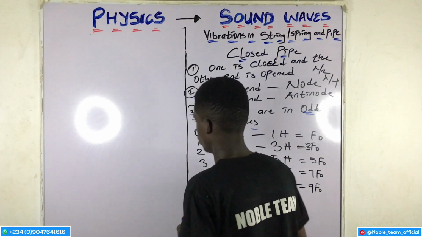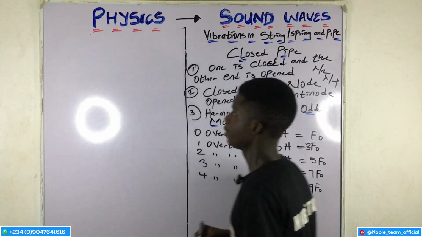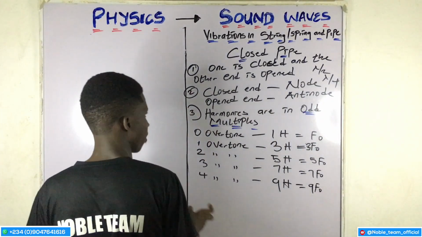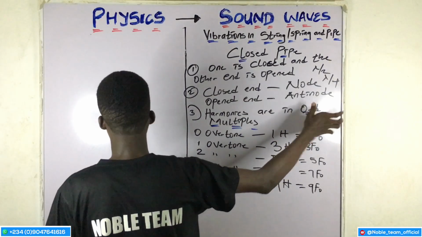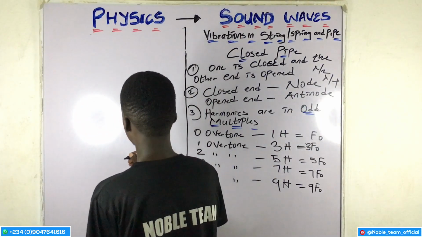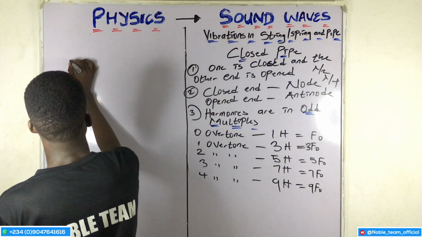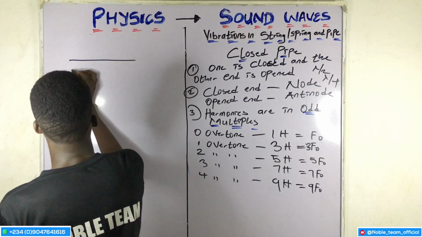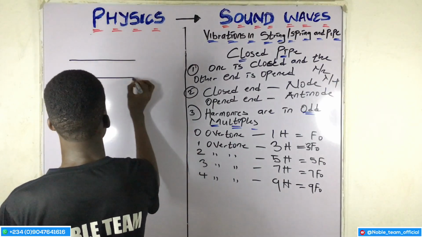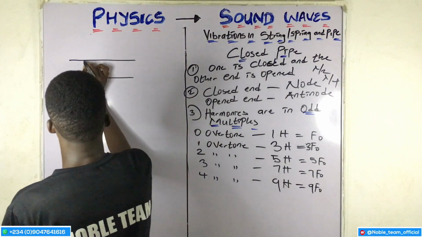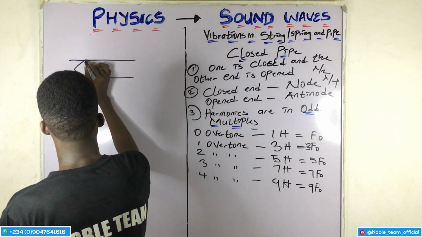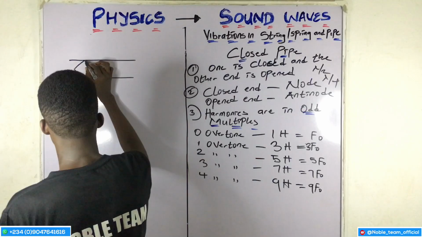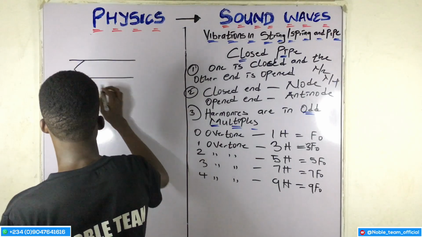Okay, good. Now, this is a typical diagram of what I'm trying to explain. Remember, odd multiples. I have a diagram like this. One end is closed. I'm trying to use it to derive a formula.